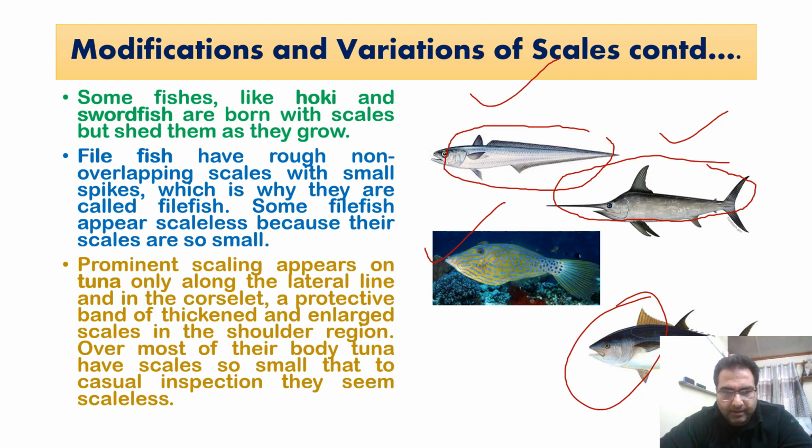And over most of their body, tuna have scales so small that to casual inspection they seem scaleless. They have the scales present, but when we see them casually, it appears that they are scaleless, but minute scales are present over most of the body. They have scales, but very small and minute, hardly to be noticed.